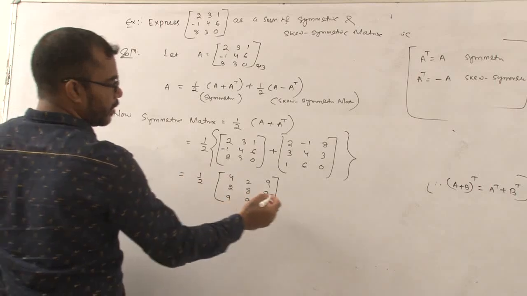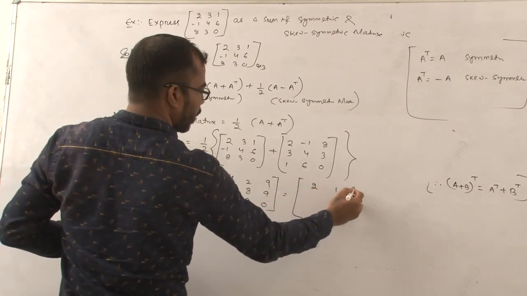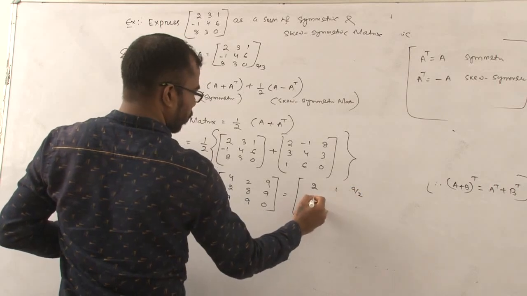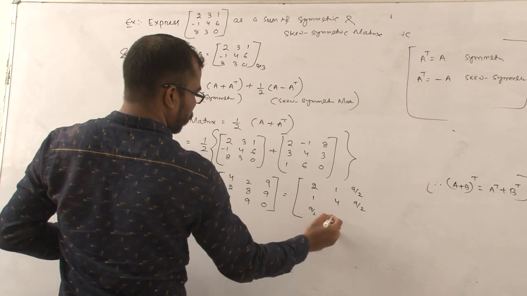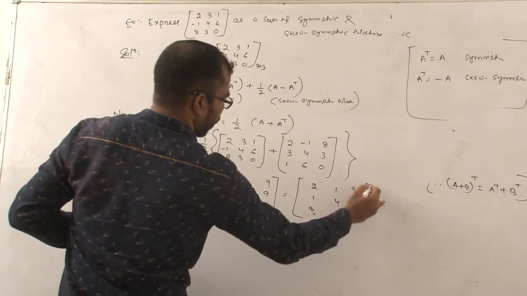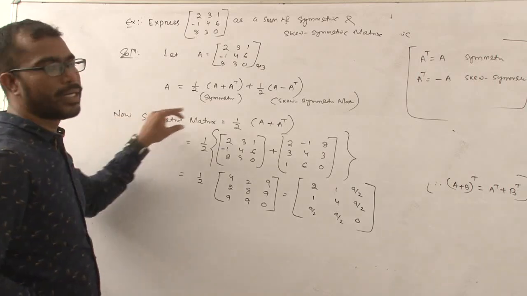So the symmetric matrix is half of this matrix. If we do the scalar multiplication, we get 2, 1, 9 by 2, 1, 4, 9 by 2, 9 by 2, 9 by 2, and 0. So first we found the symmetric matrix.